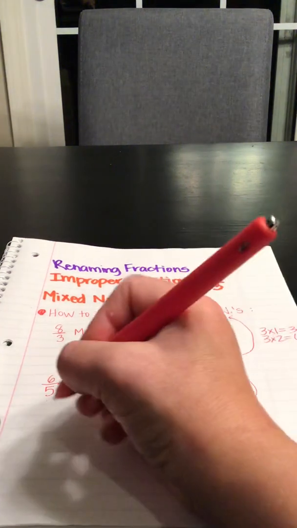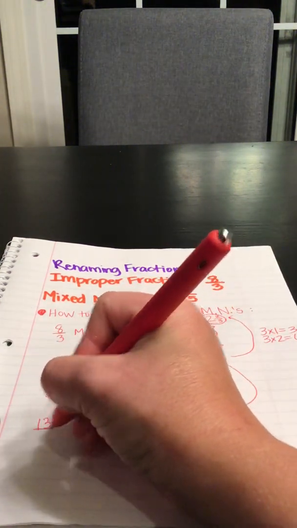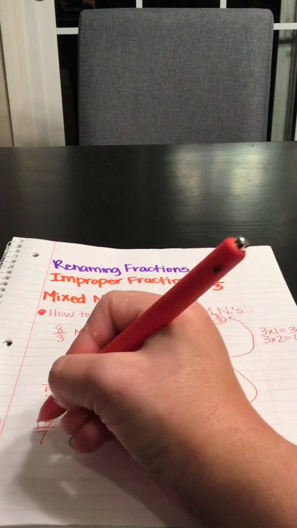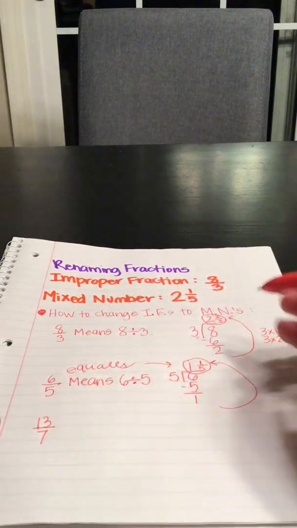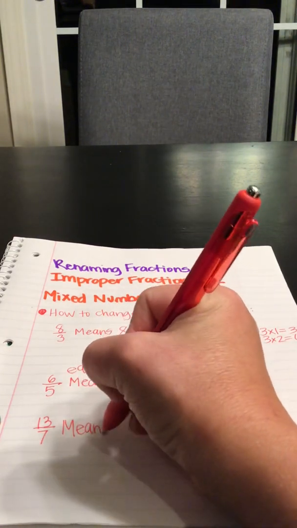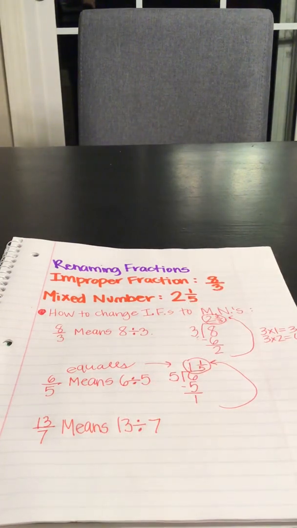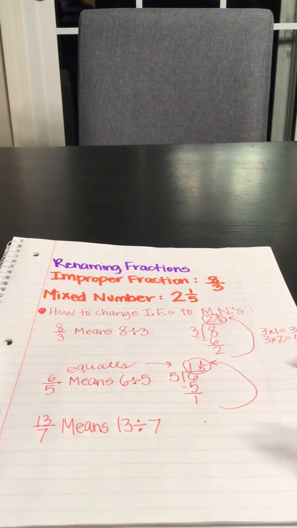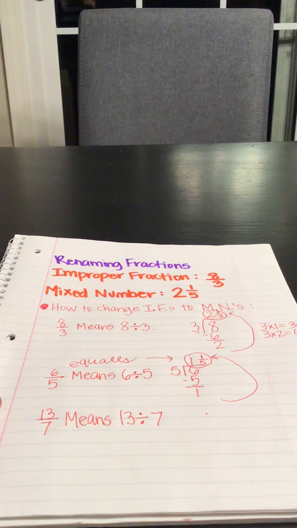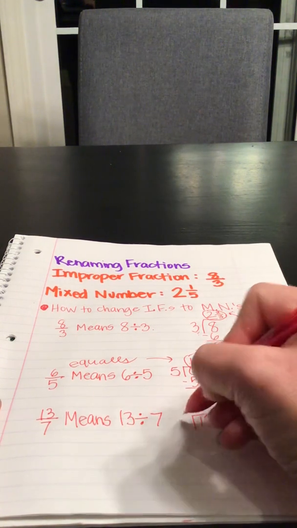All right, let's do 13 sevenths. Okay, that means what? 13 divided by 7. Now set up your division problem here. 13 divided by 7.